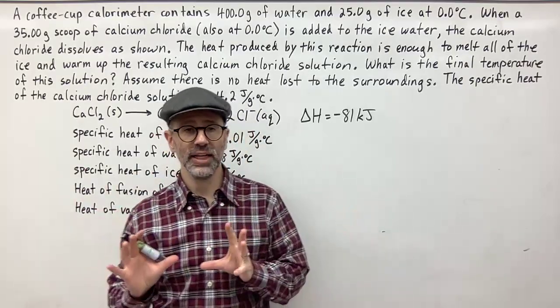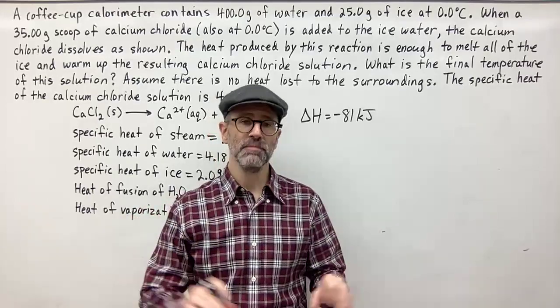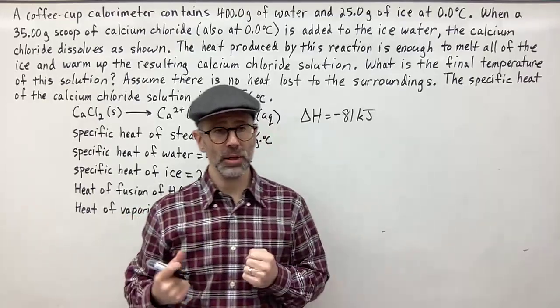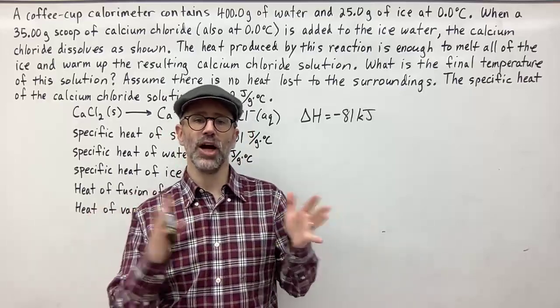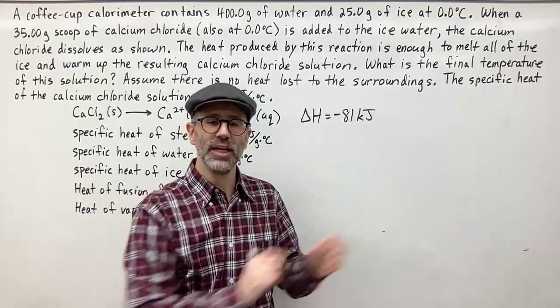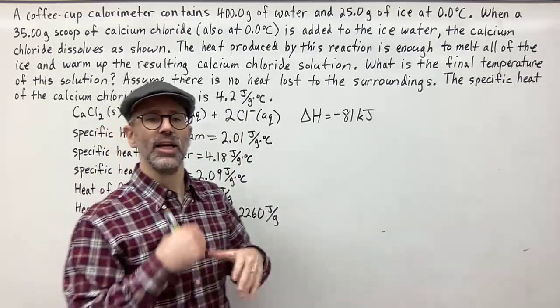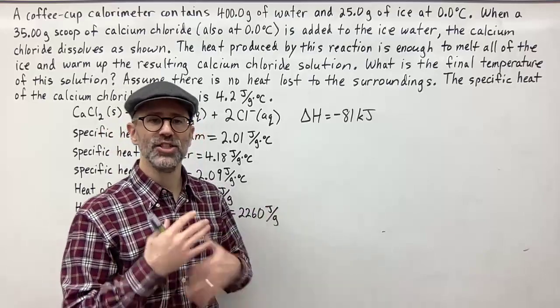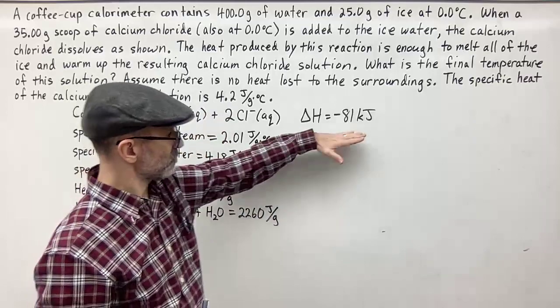So all of the heat that's produced or released or transferred is going to be absorbed by something else. Nothing is lost. So we need to figure out what's giving off heat, and what is absorbing the heat. So we've got a reaction going on here, a dissolving. We're told that it releases heat.